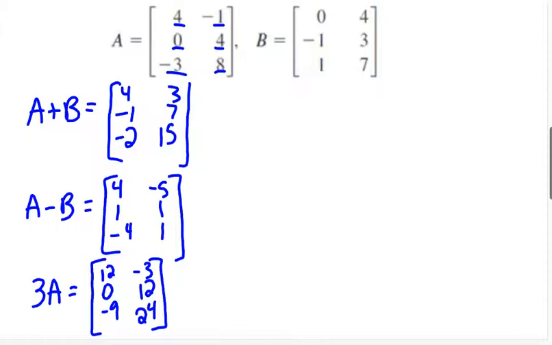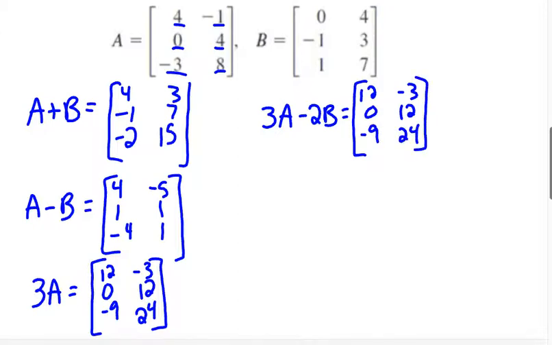Okay, the last one is asking us for 3A minus 2B. So we want 3A minus 2B. Okay, so it might be helpful to write this out a little bit. Now notice we just did 3A, so I'm just going to rewrite this matrix that we just found out.